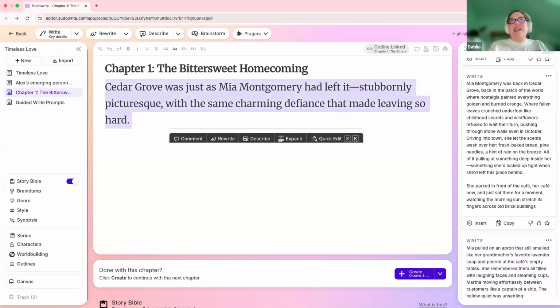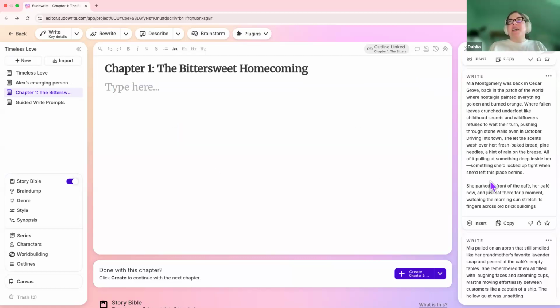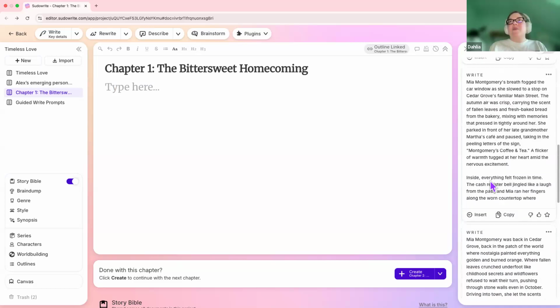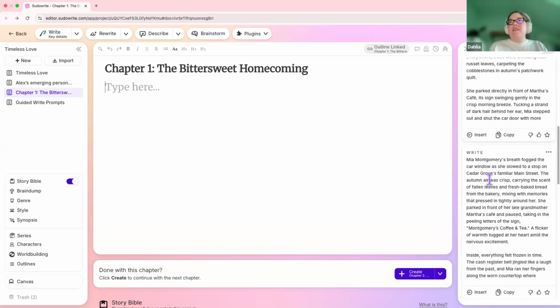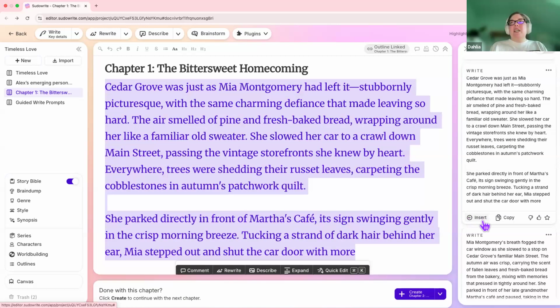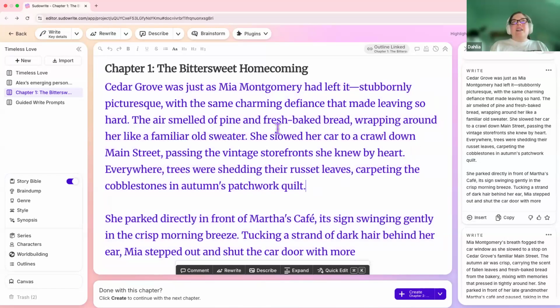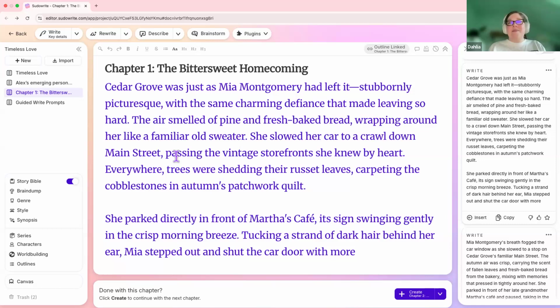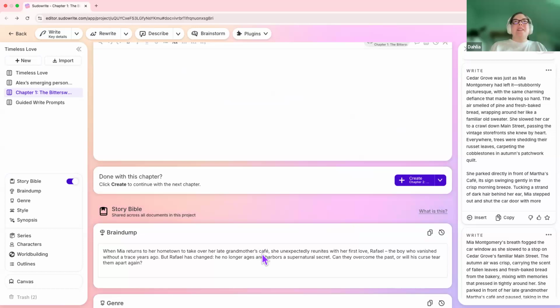I just noticed that there was something else I wanted to show you. If you use this little insert button, the words that you've inserted are all this little purple color until you edit them.